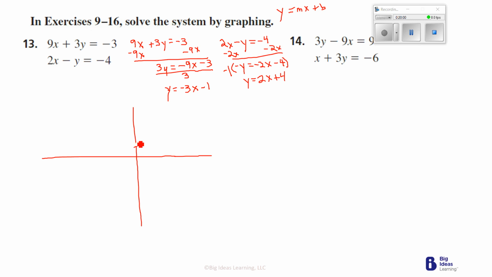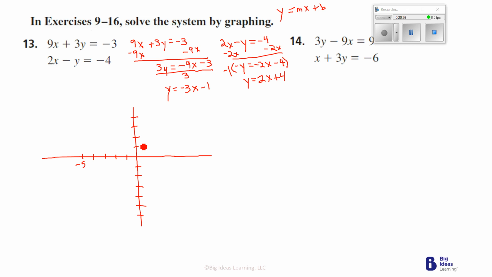And we're going to put the 1, 2, 3, 4, 1, 2, 3, 4, 5, 6, -1, -2, -3, -4, -5, and I'm just going to keep everything real simple.